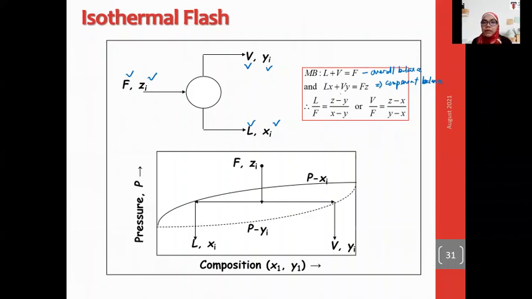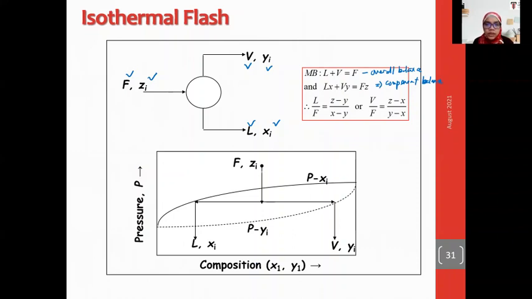So we can rearrange to L over V equal to Z minus Y over X minus Y. So this is from rearranging this component balance equation. Okay, the concept of isothermal flash is based on pressure versus composition.